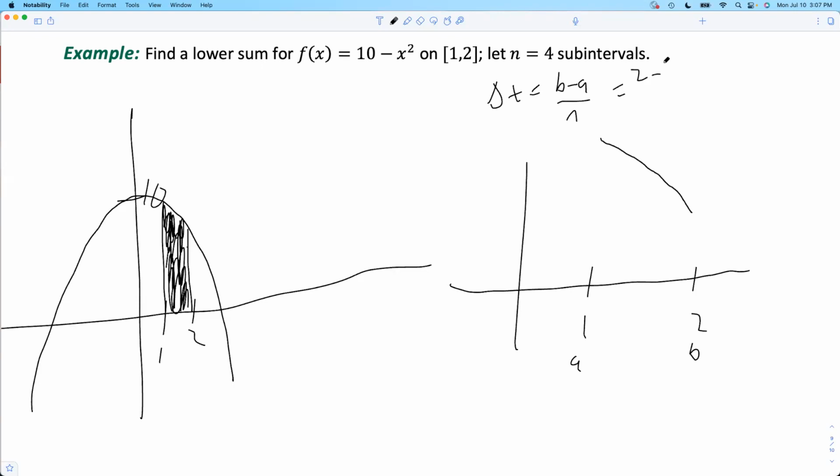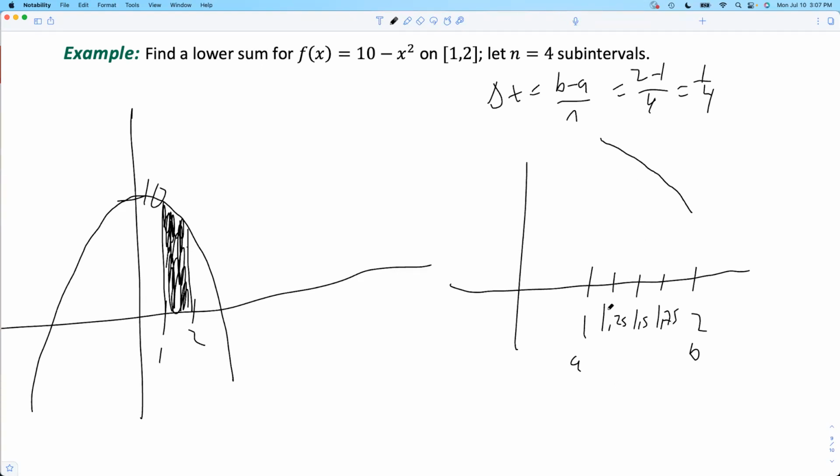So 2 minus 1 over 4, that's 1/4. I'm counting by 1/4. I said it and it didn't make any sense. I'm counting by 1/4. So here's 1.25, 1.5, 1.75.